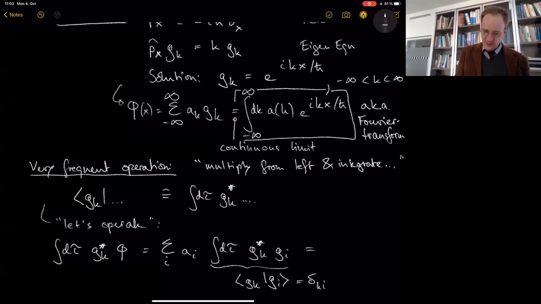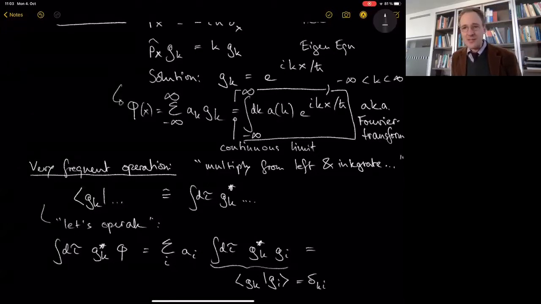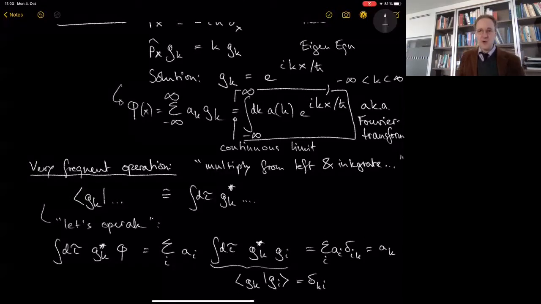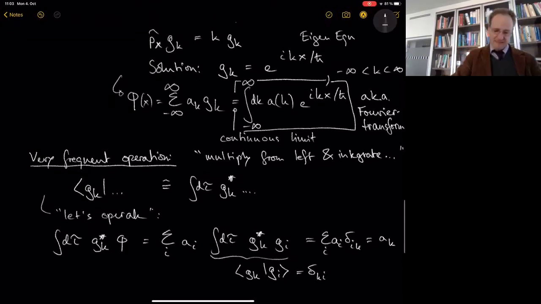So the only term that survives in the sum must be the A coefficient that belongs to the eigenfunction which you used for your operation. So this is the sum AI Kronecker delta IK, and that gets you the coefficient of your kth eigenfunction.